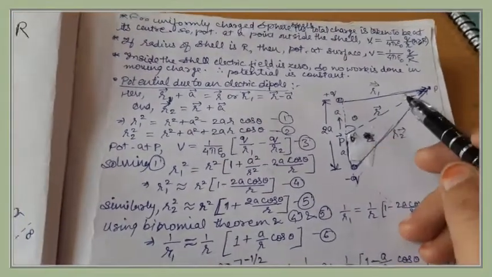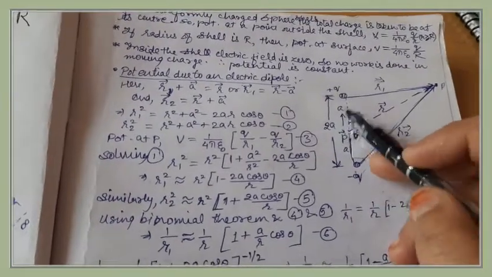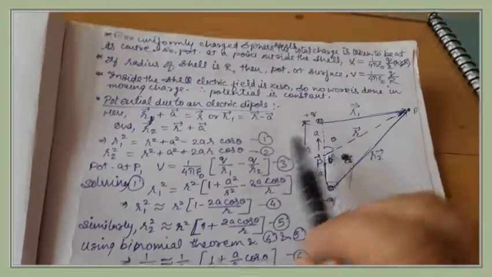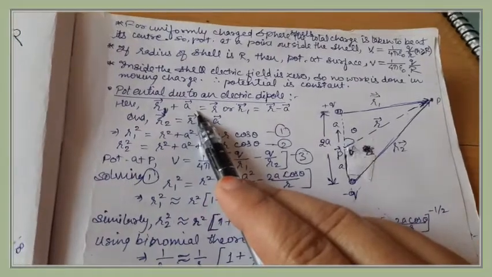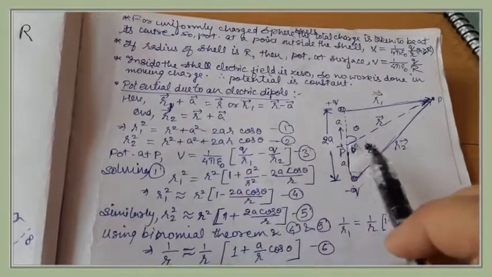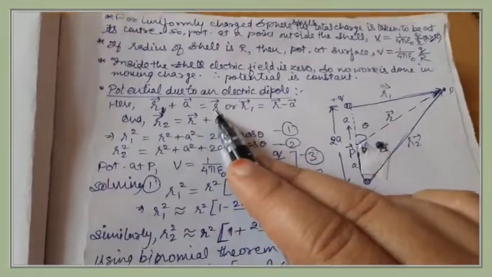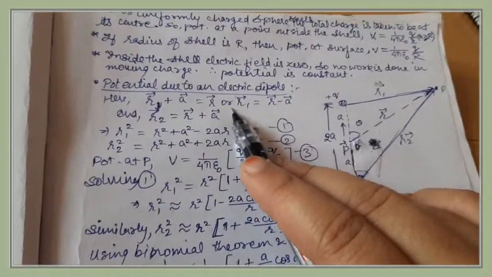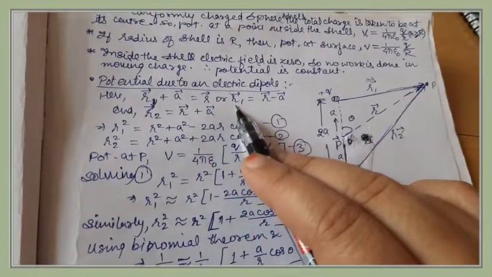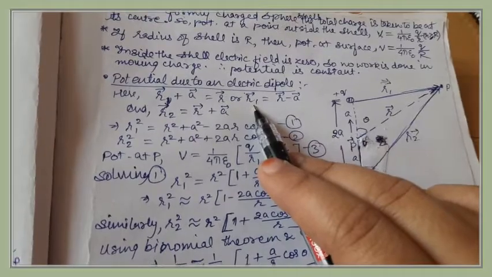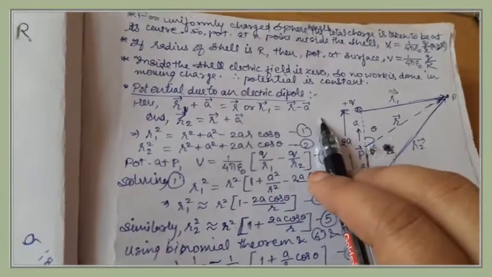The triangle law of vector addition says that the sum of vectors which are in the same order, that is r1 plus a, is equal to the vector which is in the opposite order. So r1 plus a is equal to r, and from this we can determine vector r1 which is unknown, so it will be r minus a.